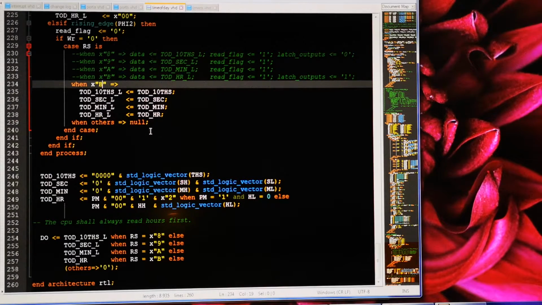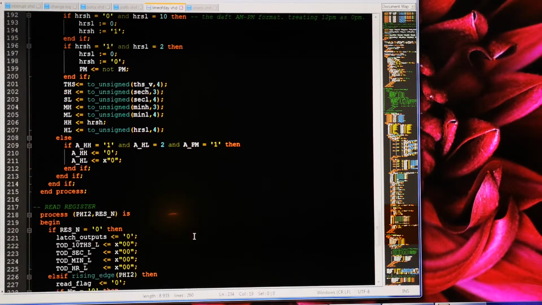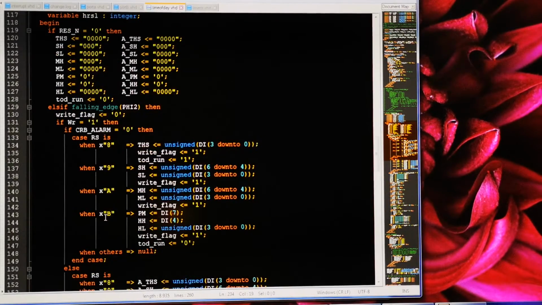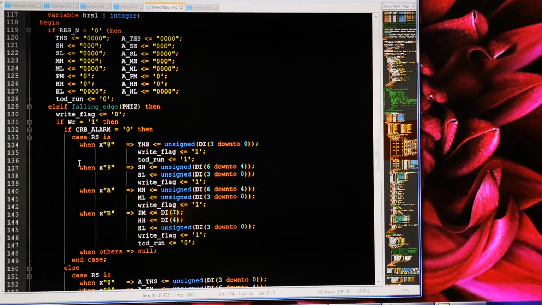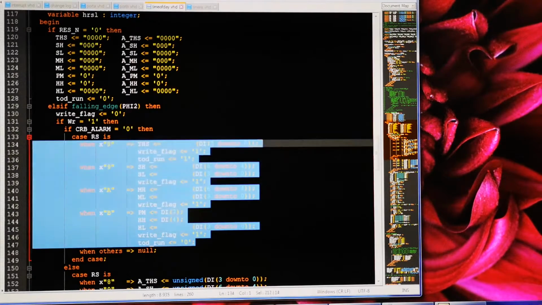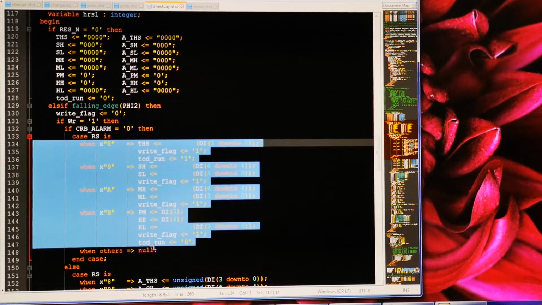Now the datasheet says something about if you write to the time of day to set time, then the timer is supposed to stop. But I mean, I don't know how important that is. I can change all of this to reflect that.